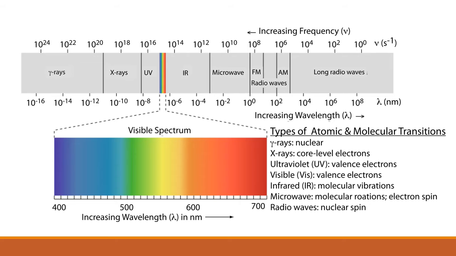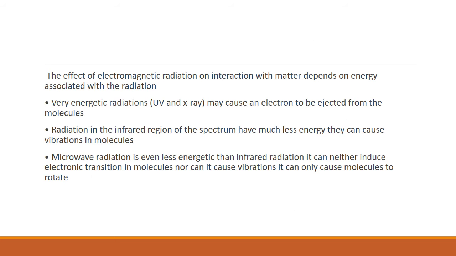So these are some of the influencing parameters, and the way in which these are studied is spectroscopy. We will go into detail on how different things influence in different ways. As I already explained, very energetic UV and X-rays may cause electrons to eject out from the molecules. The radiation in the infrared region has much less energy and causes vibration in molecules.